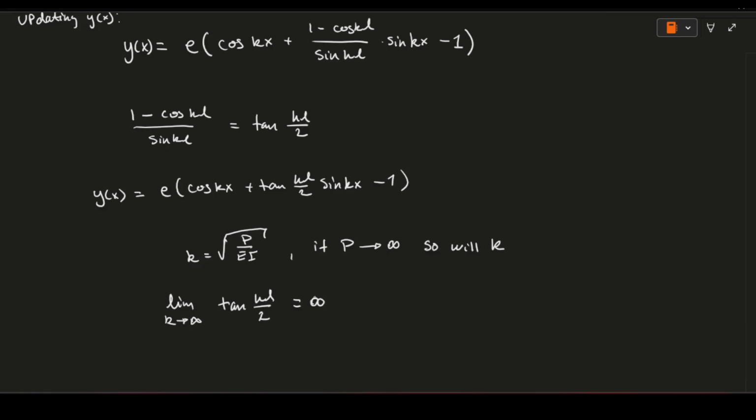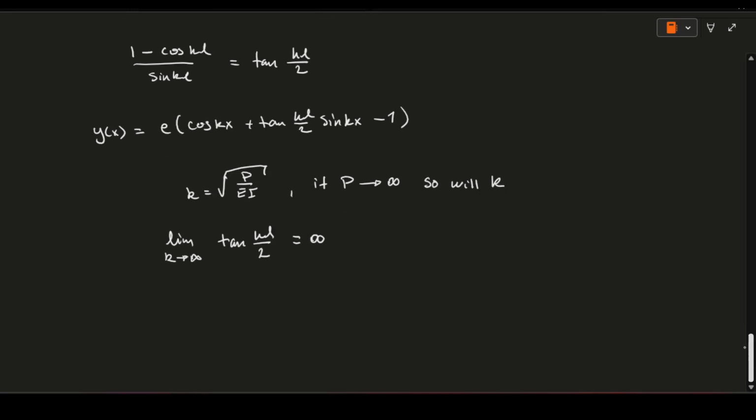And this happens if kl over 2 is equal to pi over 2 times (2n minus 1), for n equals 1, 2, 3, and so on.